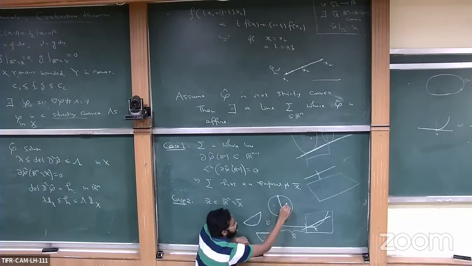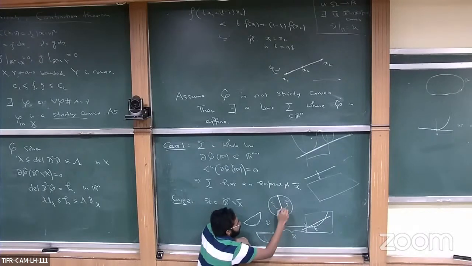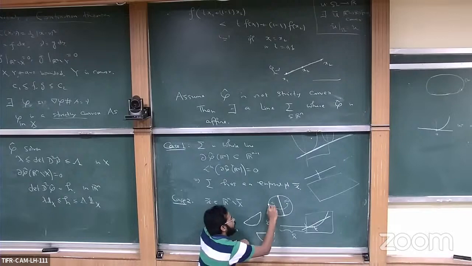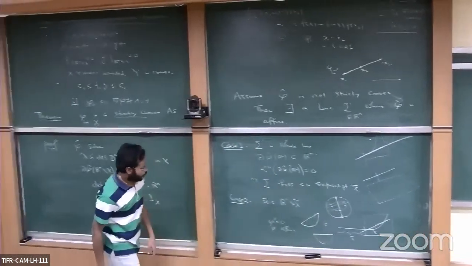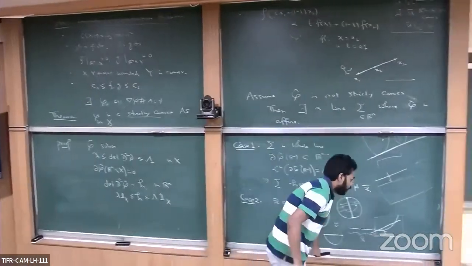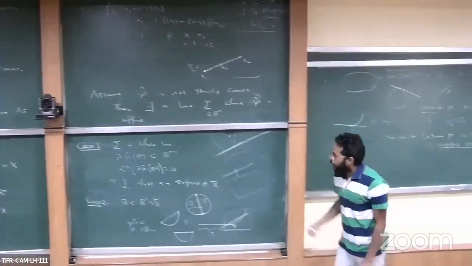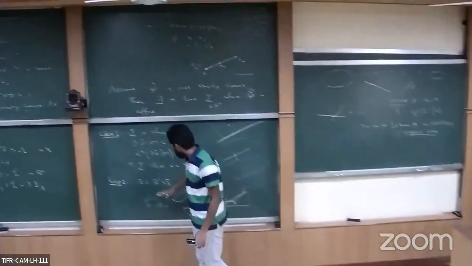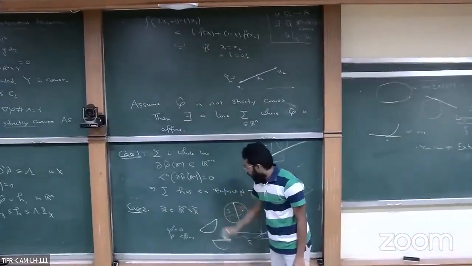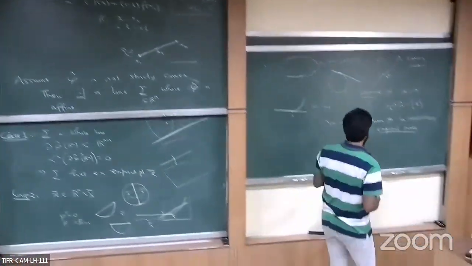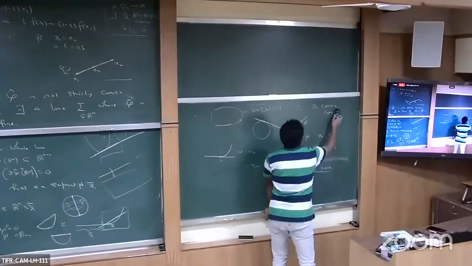If here it is strictly less than 0, then by convexity it has to be strictly less than 0 in any other direction also. So that cannot happen. This also excludes the situation that an exposed point cannot lie outside X bar.